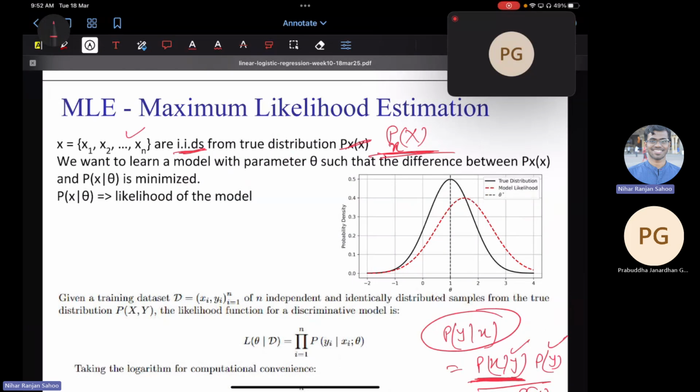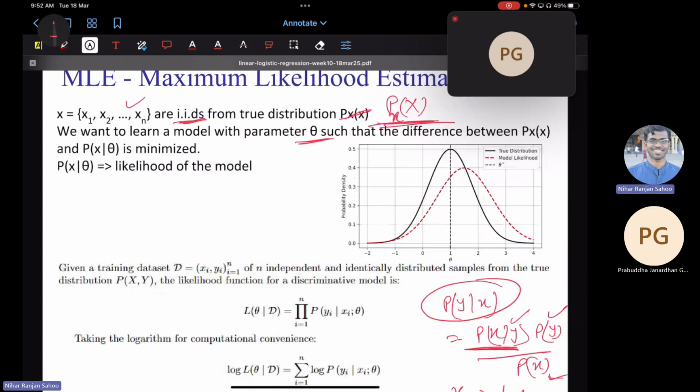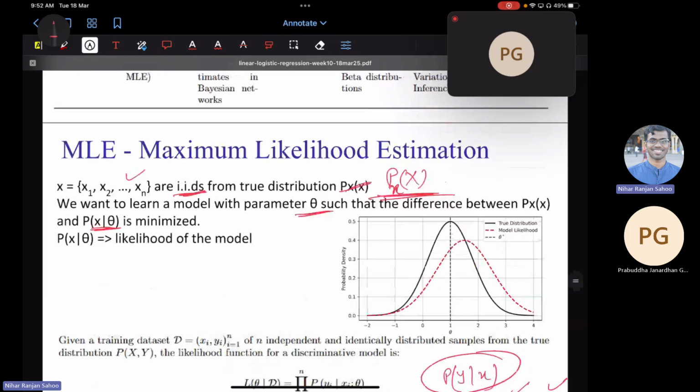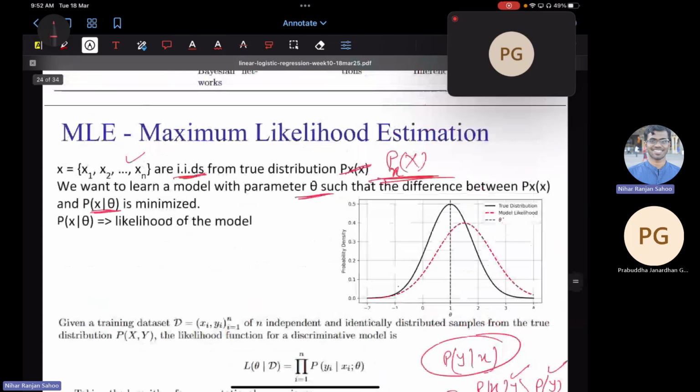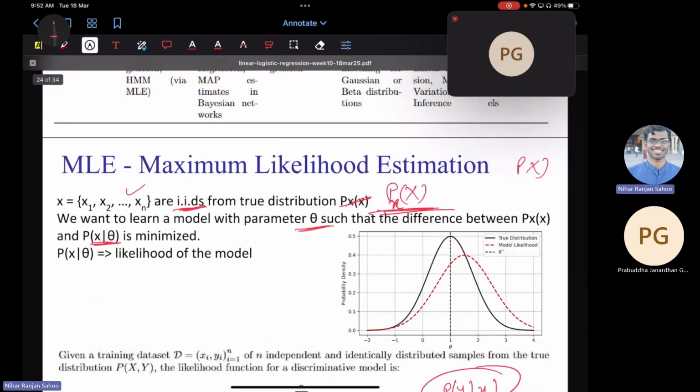Now what do we want to learn? We want to learn parameter theta that will maximize the likelihood of this p of x given y, right? Here, if you see, there is no y involved, so as I mentioned, sometimes we may have y in the input data or we may not have, right?